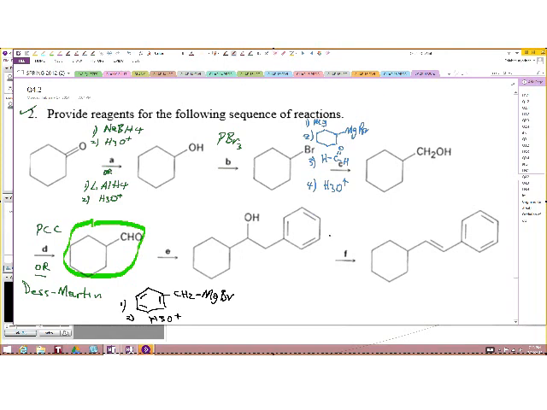Are you going to have credit? You're going to have credit. Well, each one of these is only 1 point. Each one of these is 1 point. You missed one, but you get another one.